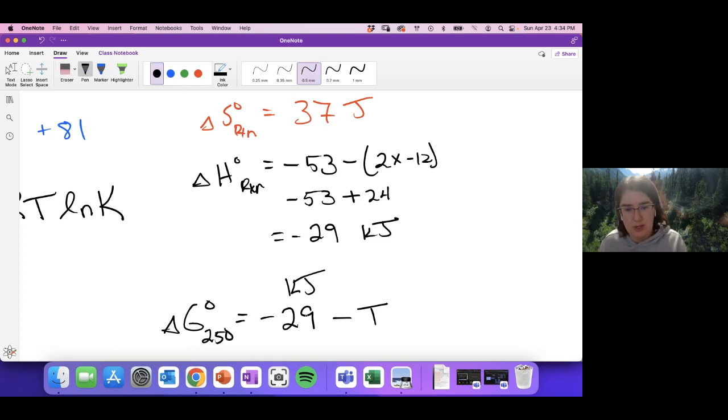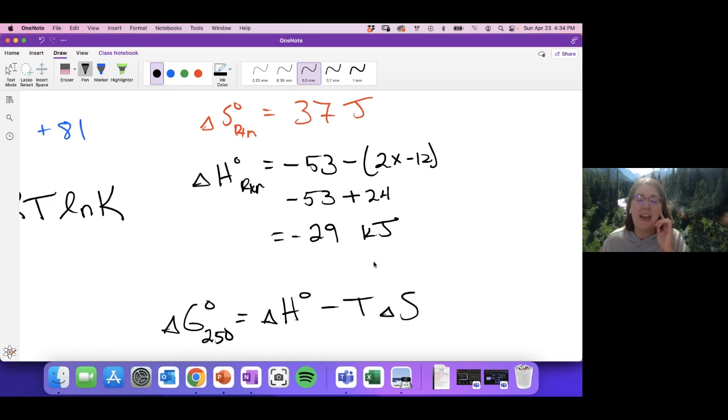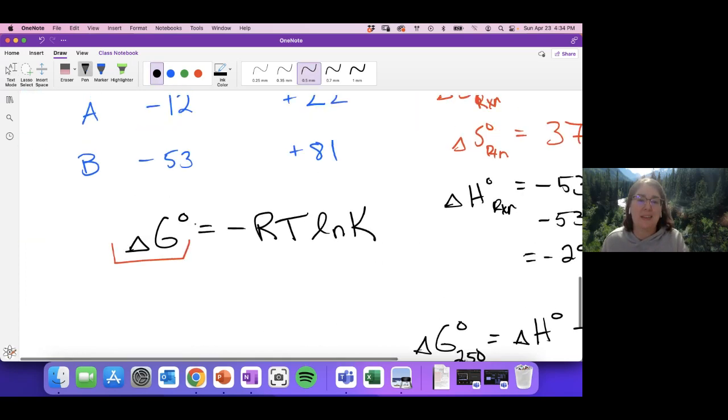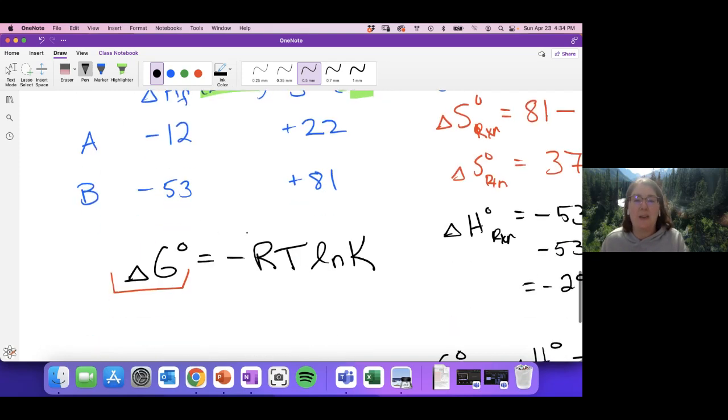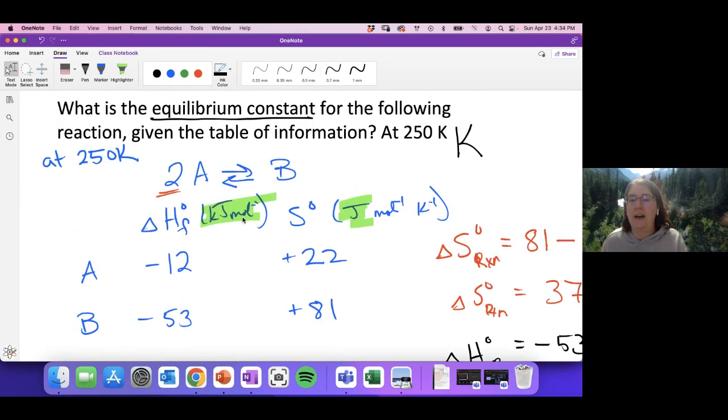And I should actually write out this equation. Don't just put the numbers in, write out the equation, be nice to them. Delta G equals delta H minus T delta S. So we do want all of these values to be in the same units. It's really up to you. Actually, what would have been nice is if I had a whole bunch of multiple choice answers. Oh, we're going for the equilibrium constant. Oh, it extra does not matter as long as everything matches.